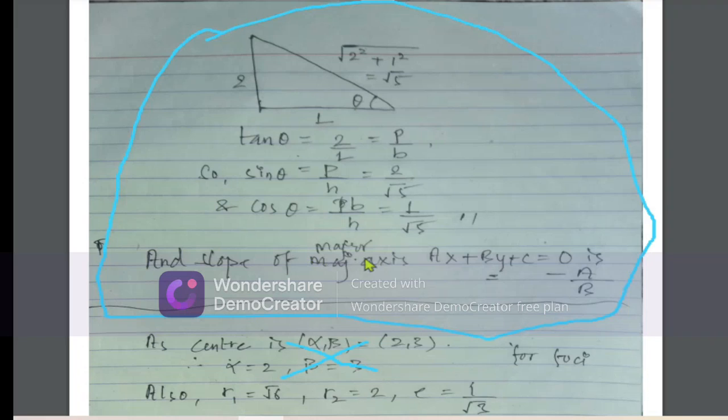And the slope of the major axis, for ax plus by plus c equals 0, is minus a by b. Now for the foci, this is the formula to find the foci: alpha plus minus eccentricity r1 cos theta, comma beta plus minus eccentricity r1 sin theta.